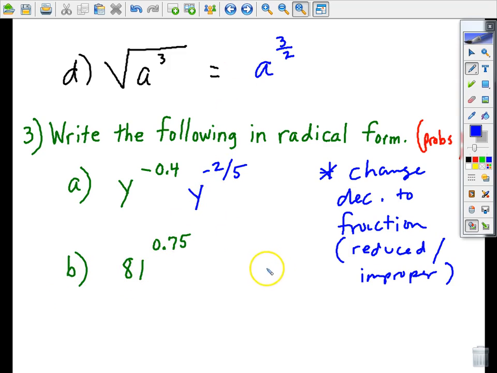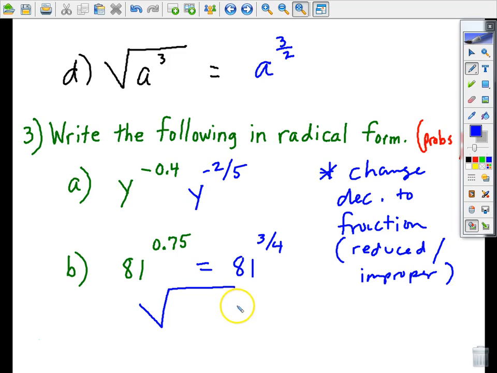So, let's try this one. 81 to the 0.75 power. As a fraction, question, or got an answer? 81 to the 3/4. Very good. She changed 0.75 into 3/4. So Noah, as a radical, what is 81 to the 3/4 power? 81 cubed in the square root.